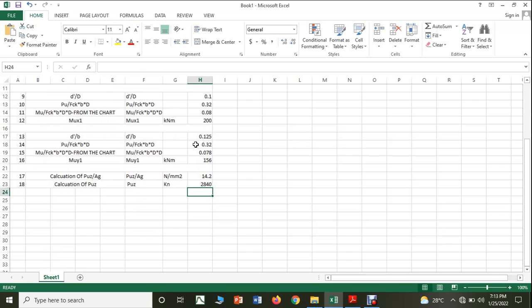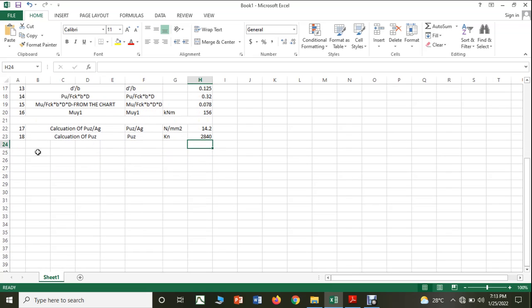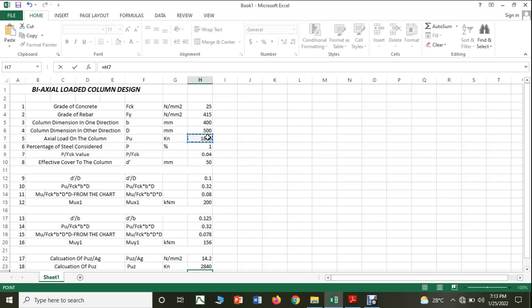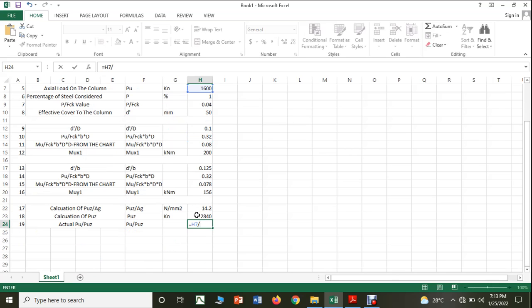Okay, yes. So once I get Puz, now I can find out the actual Pu by Puz value. So I can write actual Pu by Puz, which will not have any unit. I can get actual Pu by Puz as this divided by this.